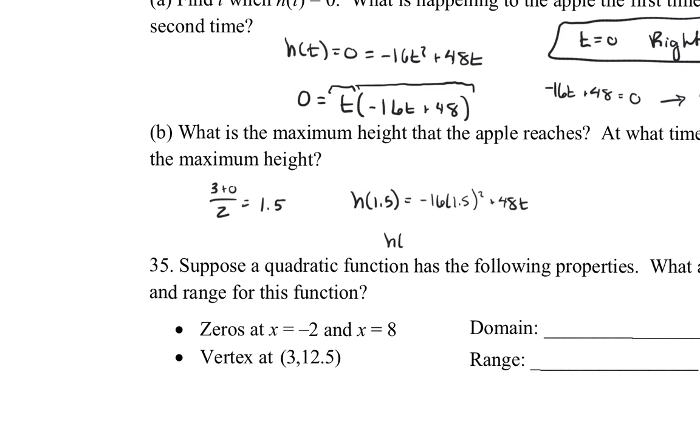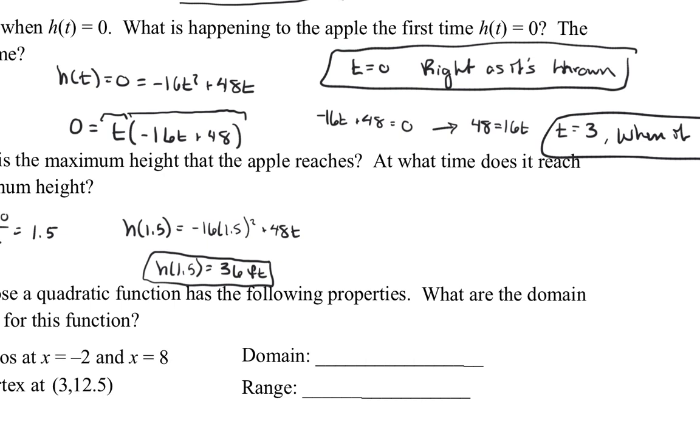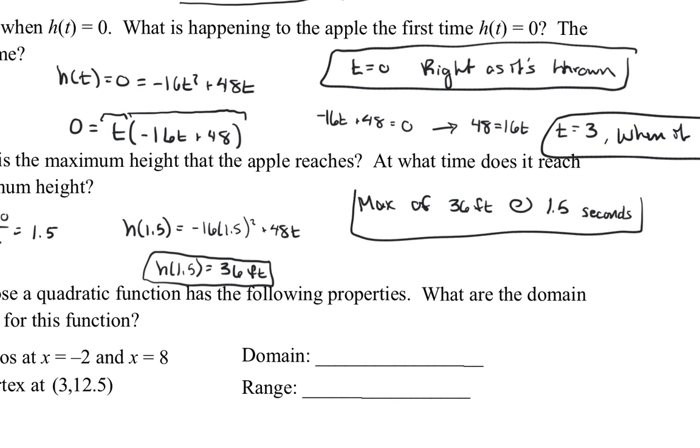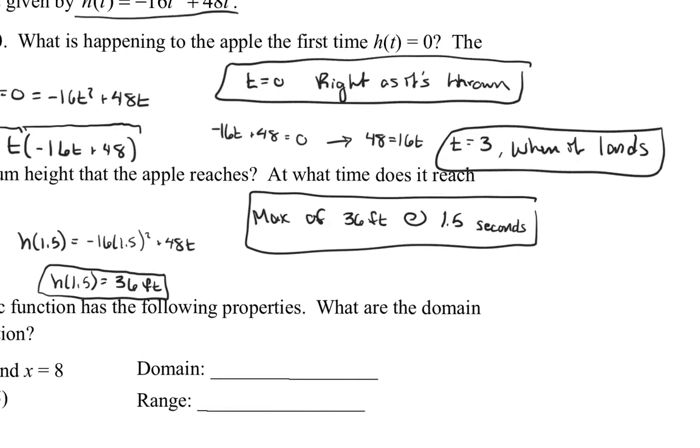Evaluating, that gives us h of 1.5 is equal to 36 feet. So the maximum is 36 feet at 1.5 seconds. And we want to make sure to include our units.